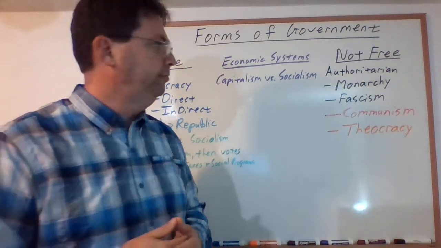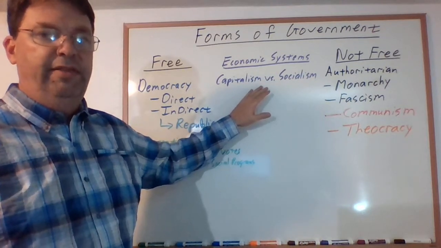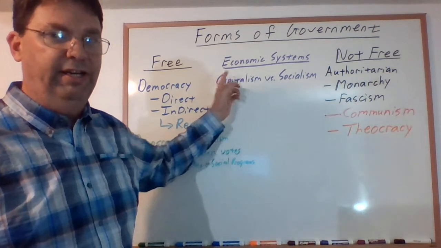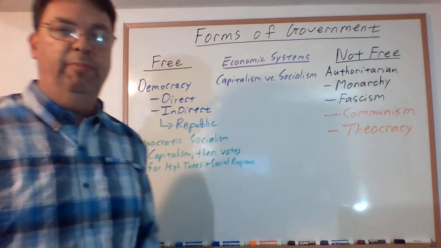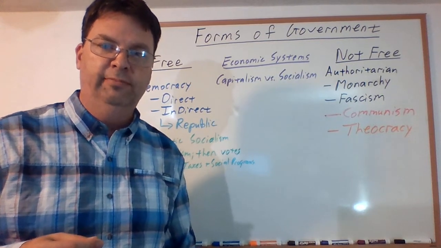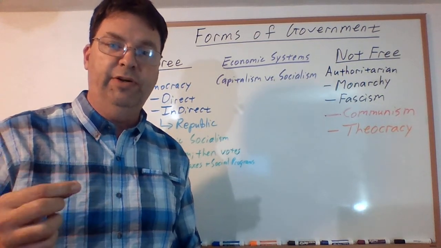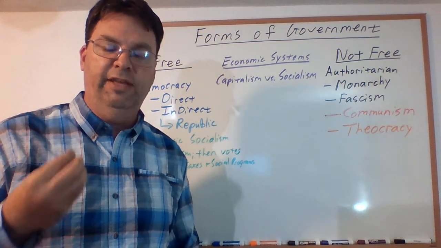All right? The last thing we need to cover are economic systems. There are two. One free and not free again. Capitalism is when people buy, sell, and trade things as individuals, and they do so freely. A person will have control over their own stuff that they earn.